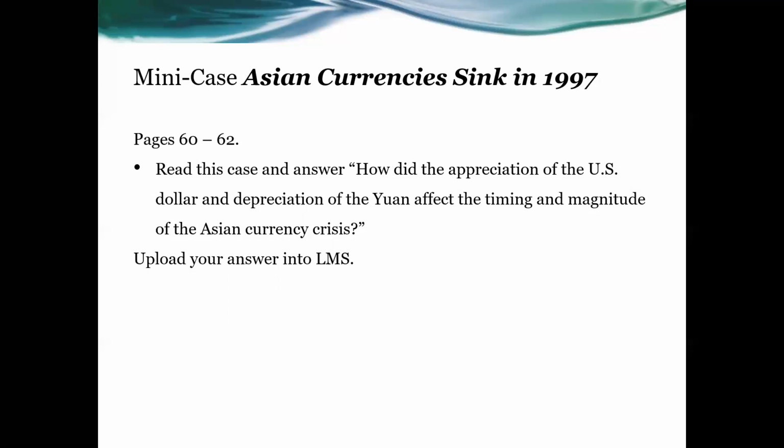I will let you know the deadline, right? And upload it into the link. So that's all I want to discuss with you relating to the foreign exchange rate. So summing up, we discussed what the foreign exchange rate is and what the quotations of foreign exchange rate are. Under that, we discussed direct quotation, indirect quotation, and cross exchange rate.